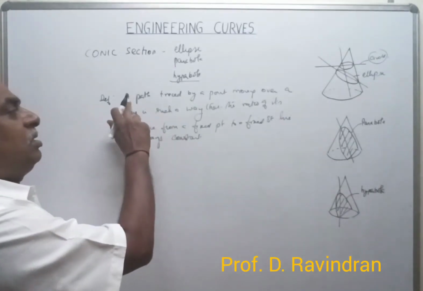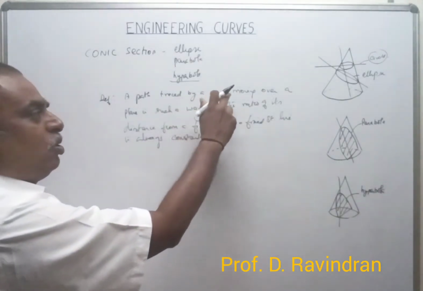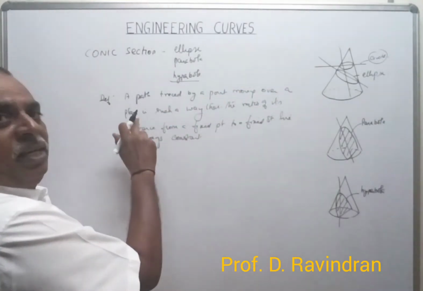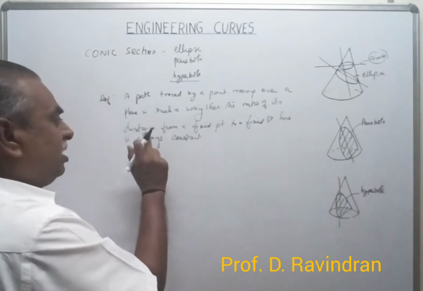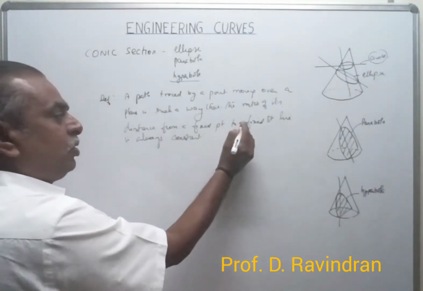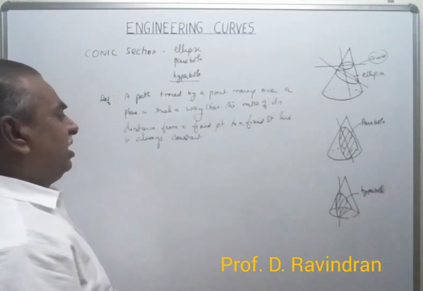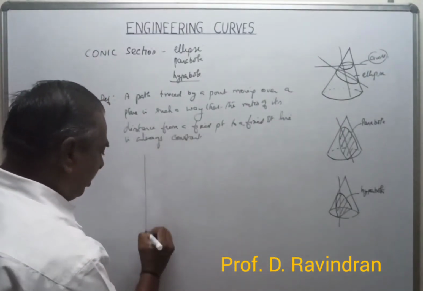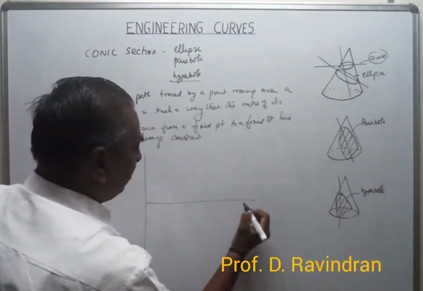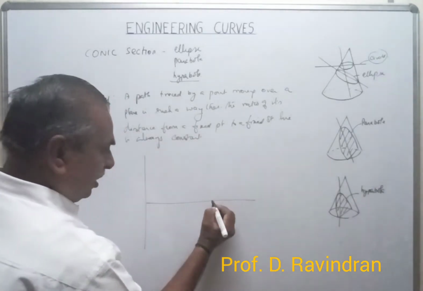The path traced by a point moving over a plane in such a way that the ratio of its distance from a fixed point to a fixed straight line is always a constant. So, this can be understood easily from this explanation.